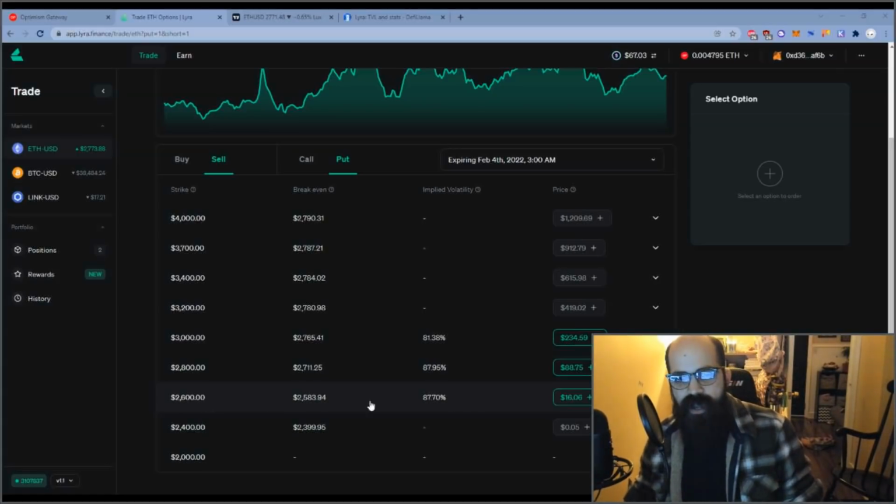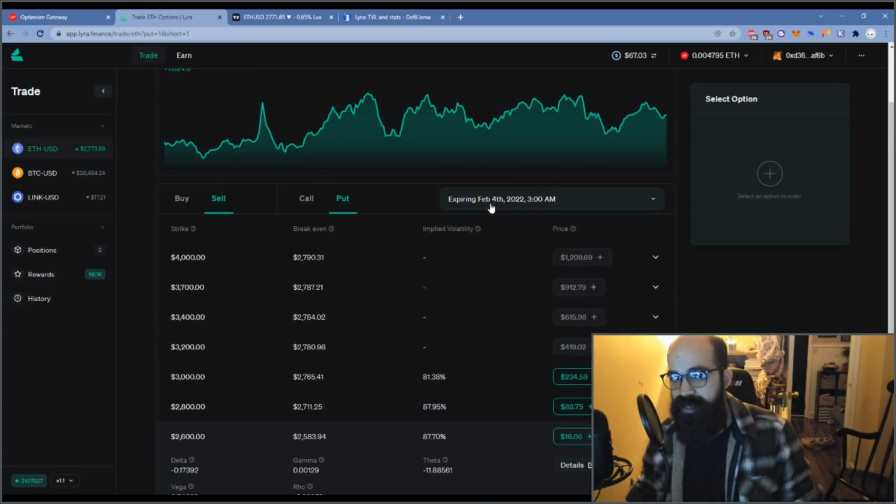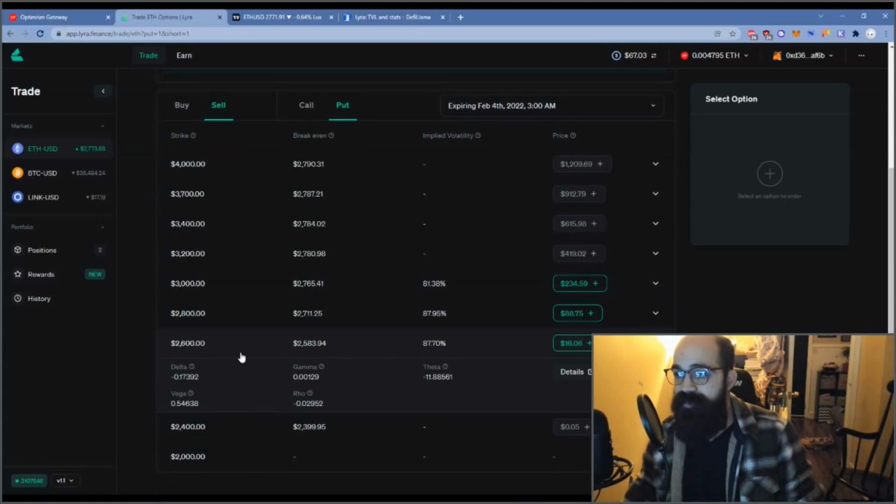So here, you would sell this put, you would collateralize $2,600, and you would then get paid $16. And if the underlying asset, in this case Ethereum, went under $2,600 by the expiration, and held under at the expiration, then you would be committed or obligated to purchase Ethereum for $2,600.